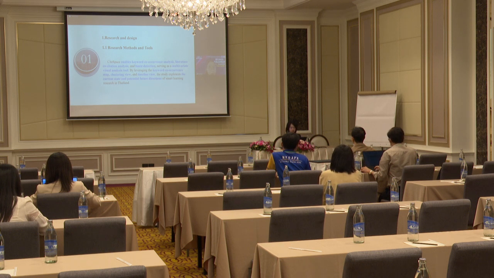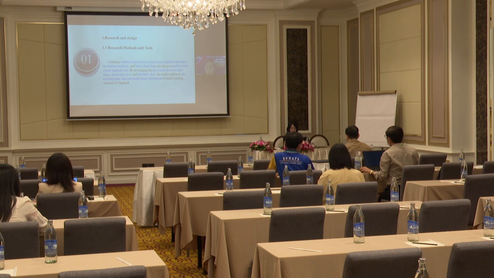Let's begin with the research and design. About the research methods and tools, we use the software CiteSpace, because CiteSpace enables keyword co-occurrence analysis, literature citation analysis, and burst detection, serving as a multivariate visual analysis tool.